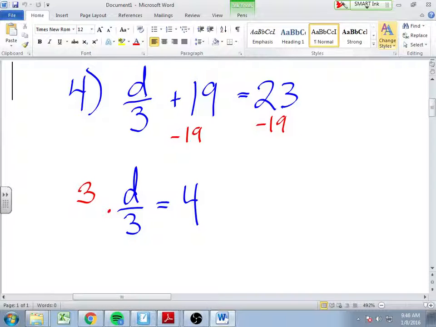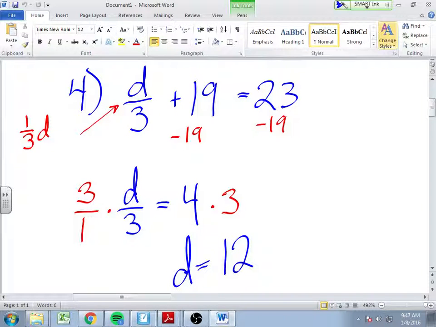Like Ben had said, you can think of this as multiplying by the reciprocal because it's really 3 over 1. And this d over 3 is really 1/3 d. But it all depends on how you look at it. You can either have it d divided by 3 or 1/3 of d. So we do the same thing on the right side, and we end up with d equaling 12.